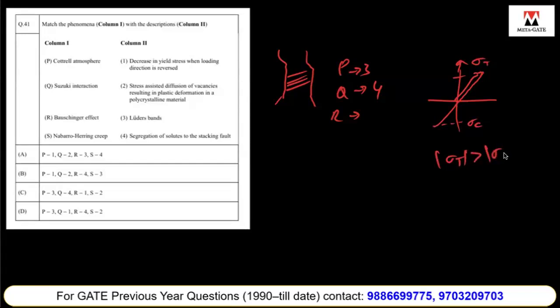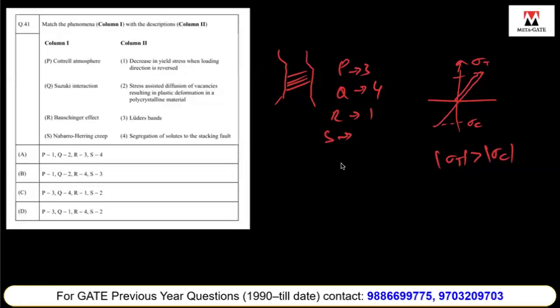The stress in tension is always greater than the stress in compression, because due to the loading direction, loading and reversing it, the yield stress itself will try to decrease. This is observed mainly in many ductile materials, and it is named after the scientist Bauschinger. So, decrease in yield stress when loading in reverse direction.